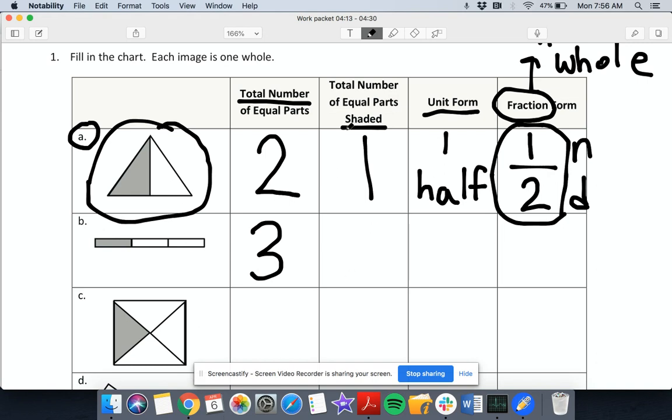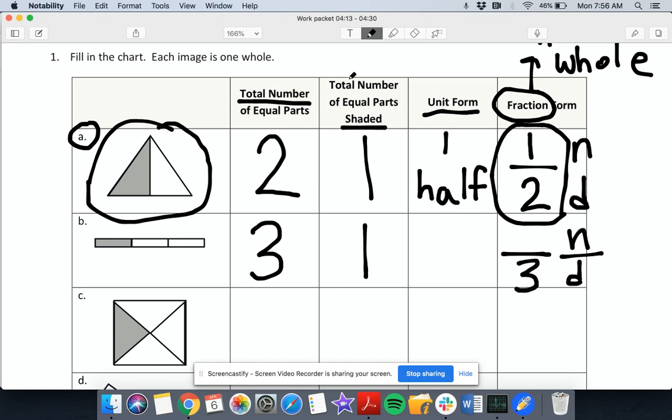How many of those parts are shaded? So how many are colored in? Well, just one is, right? Just one. So let's move over to the fraction form. I'm going to have my numerator on top, my denominator on the bottom. So denominator, what is the total number of parts? Total number of equal parts. So we decided that was 3.